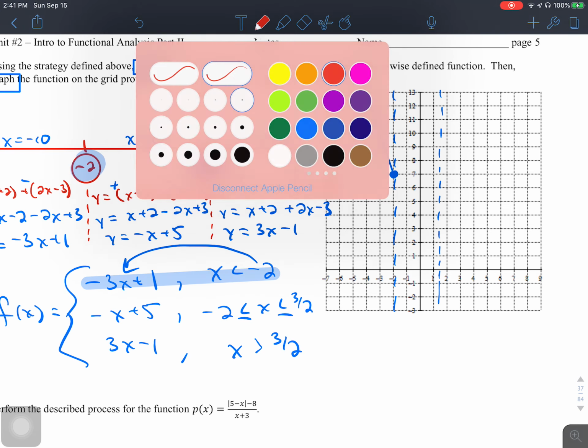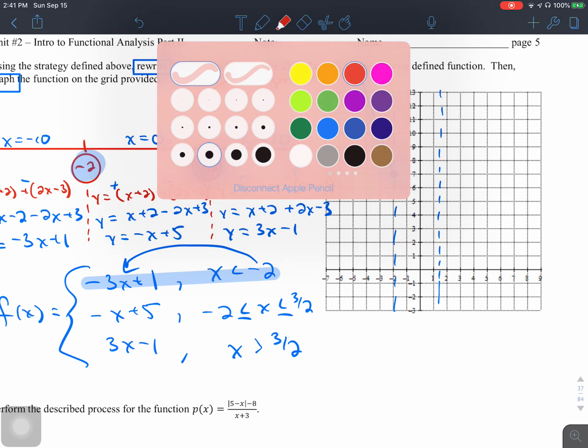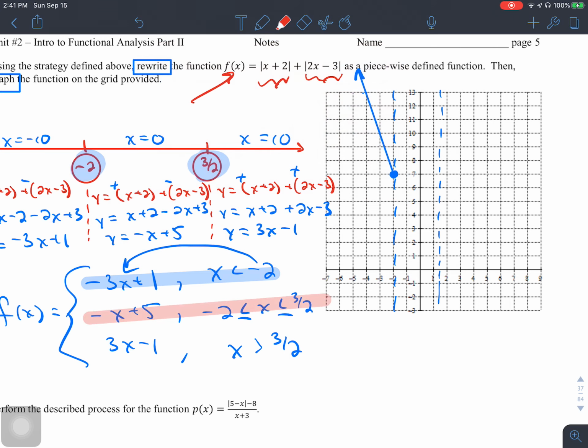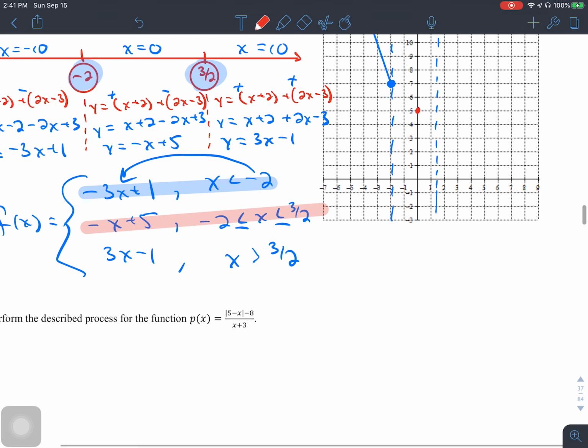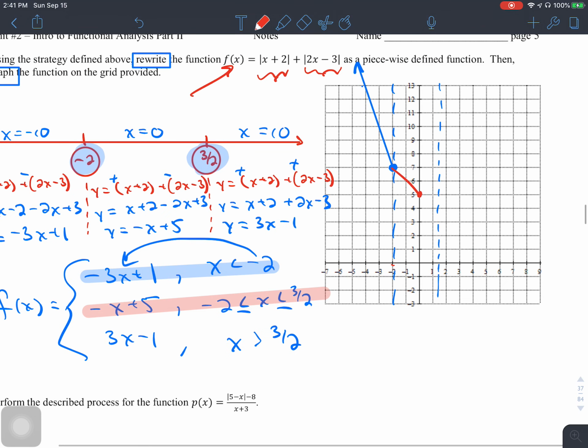The middle part of this is the line -x plus 5. What's nice about that one is we can see where the y-intercept is, so it's included in our domain. And the slope's -1.